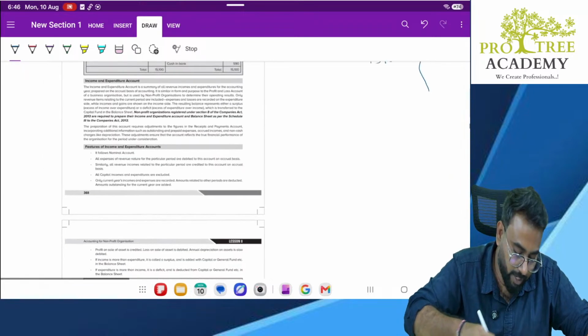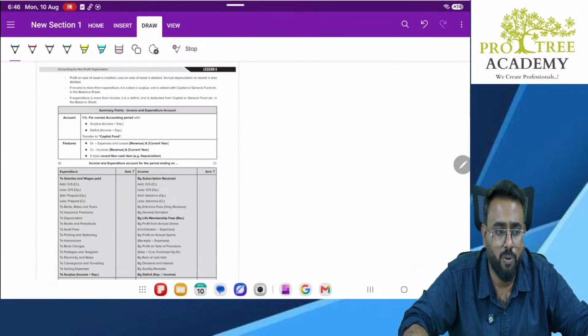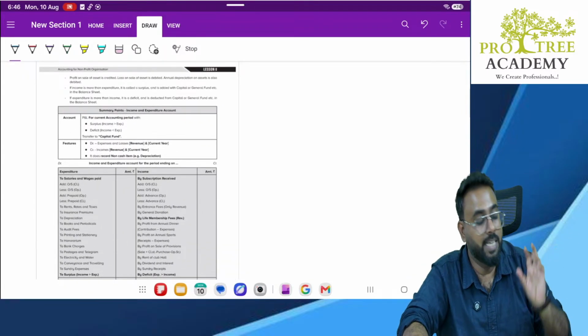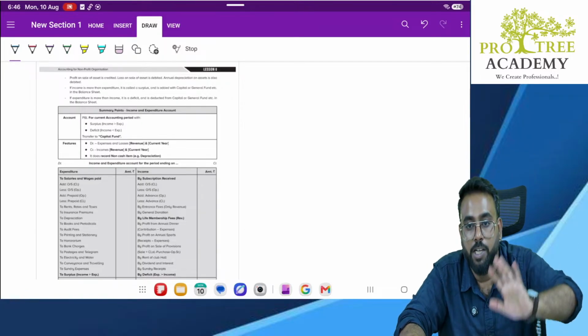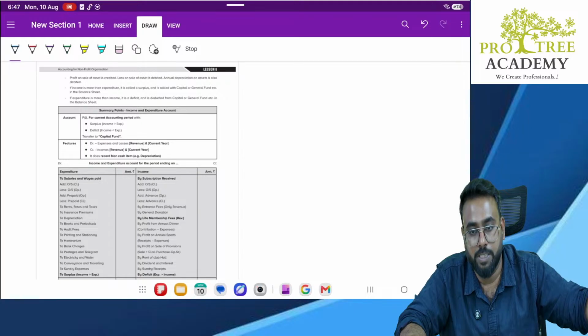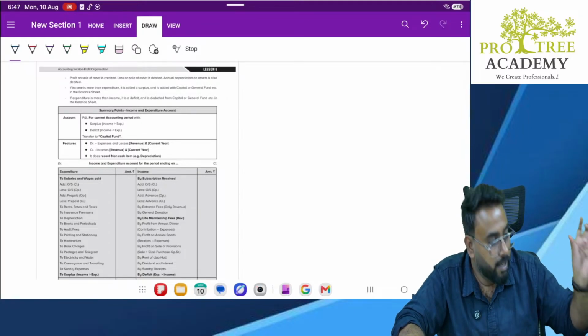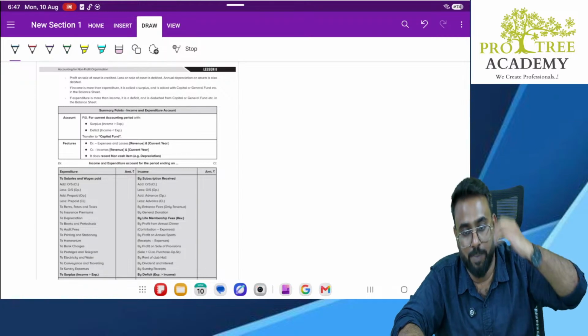All these things we have already discussed about income and expenditure account, how it works. It works exactly like a P&L account. Only thing is there is nothing called net profit or net loss. Rather, if income is more than expenditure, usually it will be net profit in a business. But here it is a non-profit organization, so we don't call it net profit. We call it surplus, or we can even call it excess of income over expenditure.